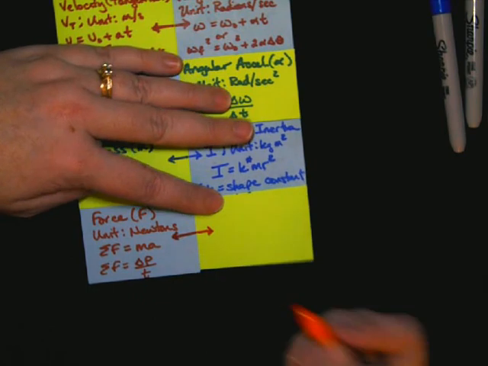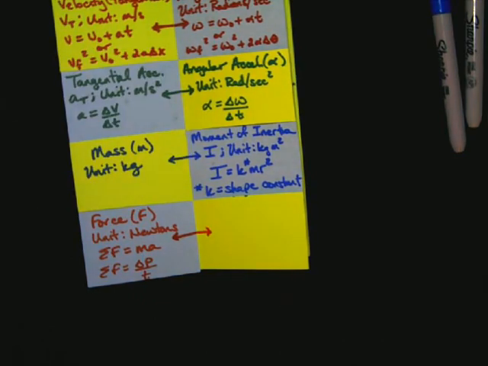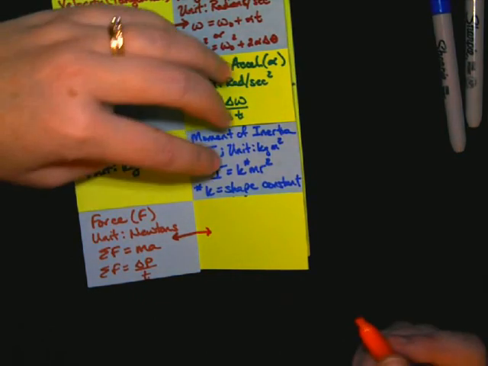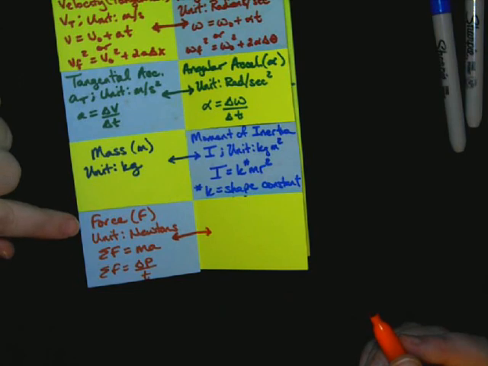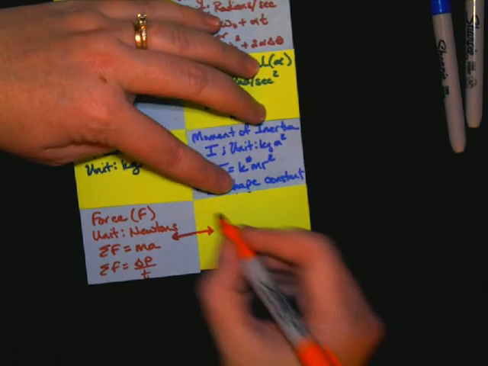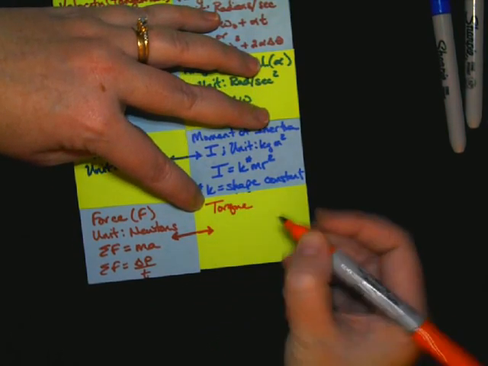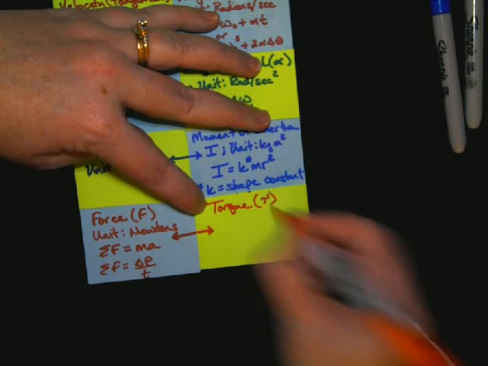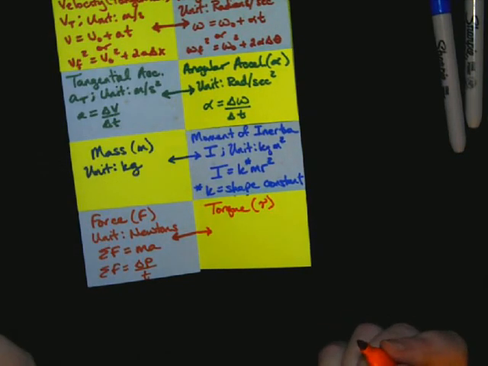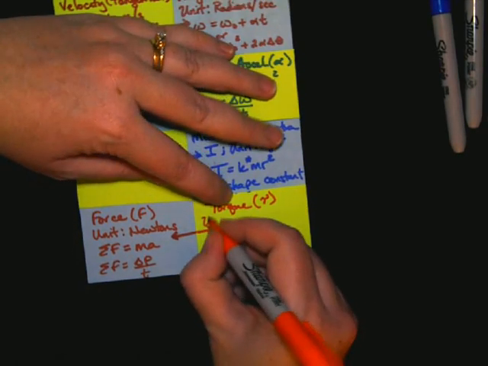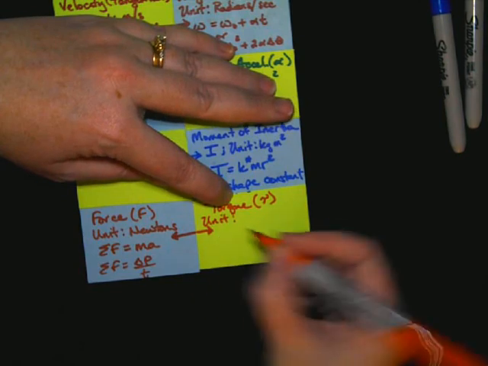And so in angular, and again, I talk to my students here and say, what do you hear of or think of if I think of a force applied through a turn or an angle? And a lot of them can come up with torque. So torque is our analog for force. And so the unit for torque is Newton meter.